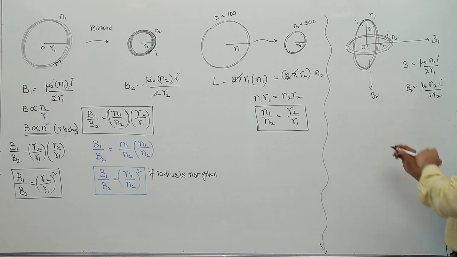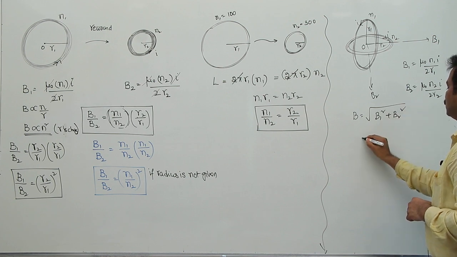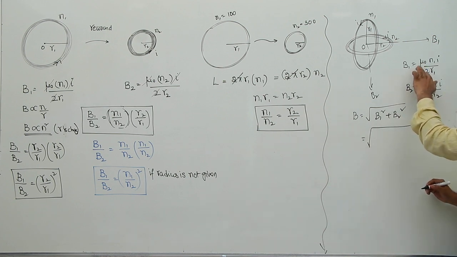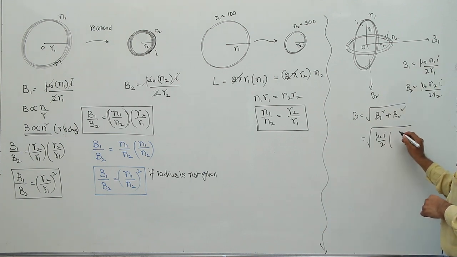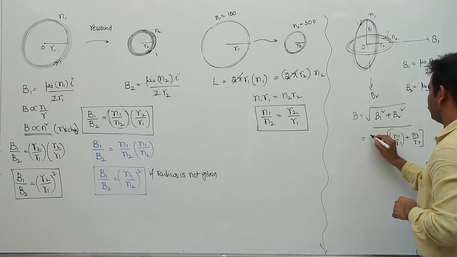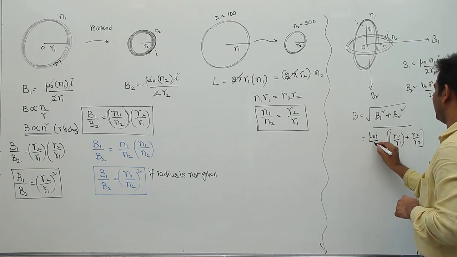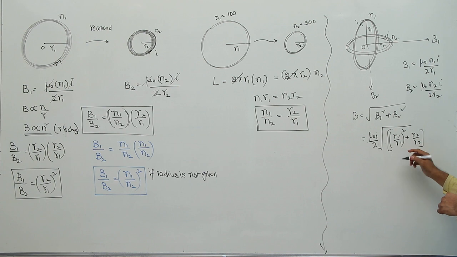The resultant magnetic field in this case is going to be B is equal to root over B1 square plus B2 square, which is given by, here mu naught I by 2 is common. So this is N1 by R1 plus N2 by R2. But as I am squaring this one, I can bring this mu naught I by 2 outside: N1 by R1 whole square plus N2 by R2 whole square.